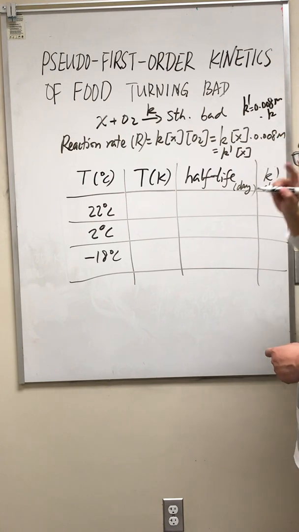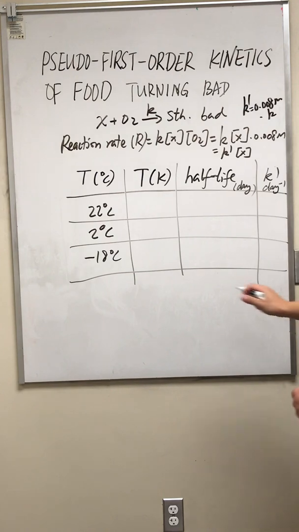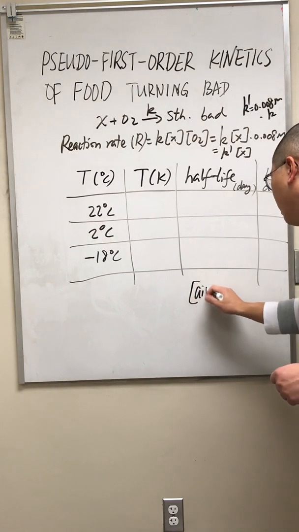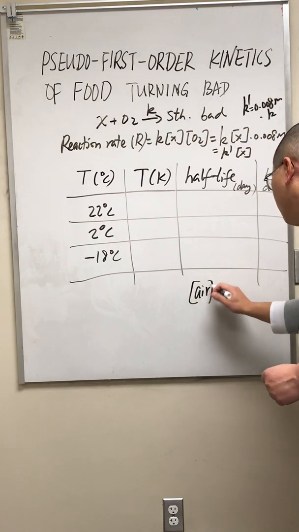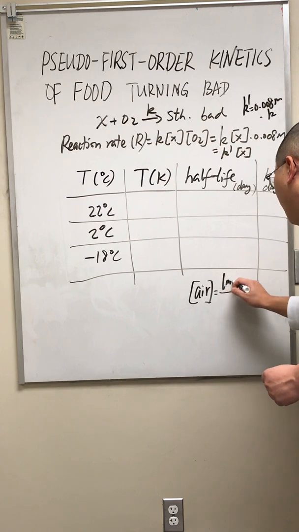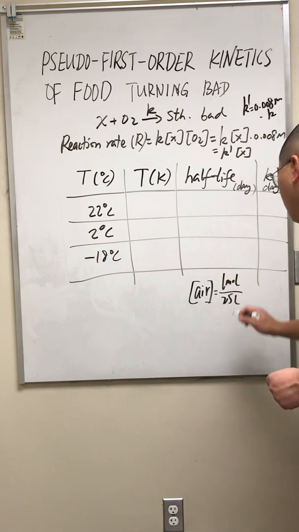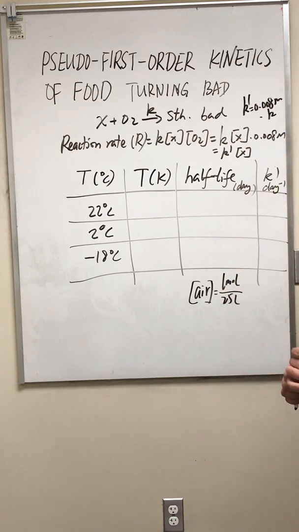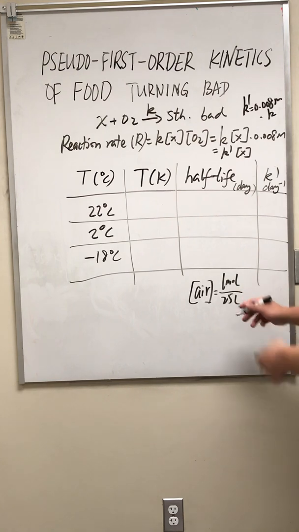How did I get this number? We do know that at room temperature and 1 bar pressure, I think the concentration of air is 1 mole divided by 25 liters. Well, you just use PV equals RT, you can compute this. PV equals RT, and therefore n over V is equal to P over RT, so you get this.